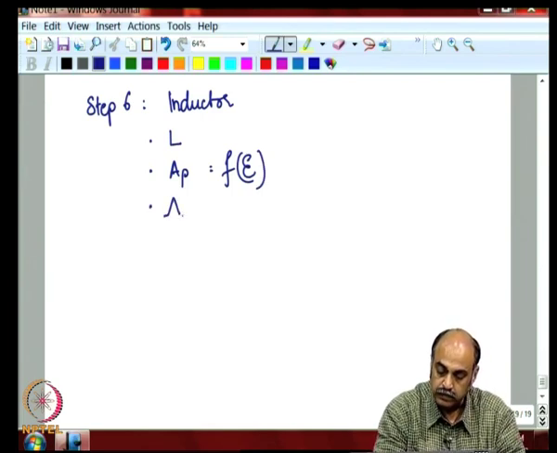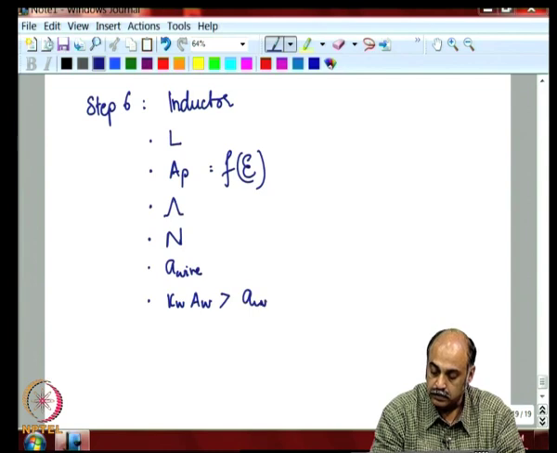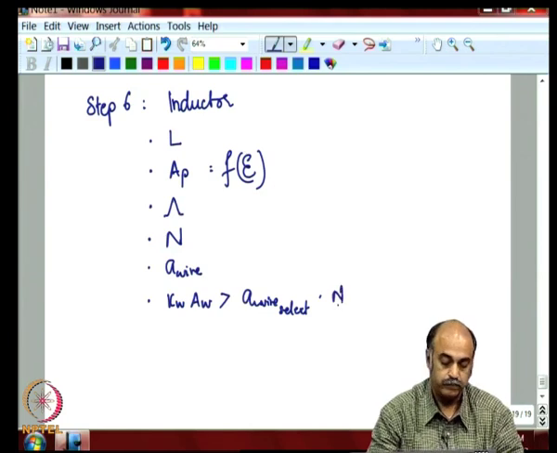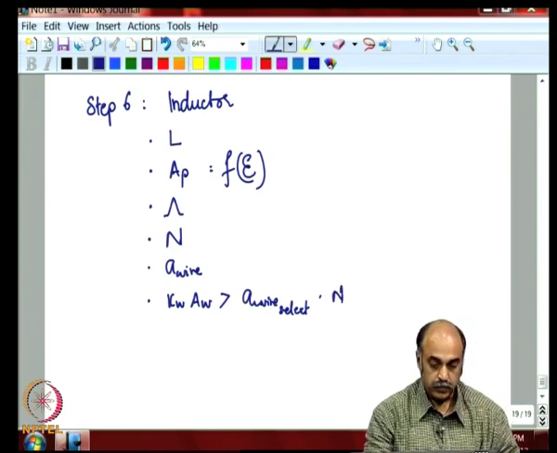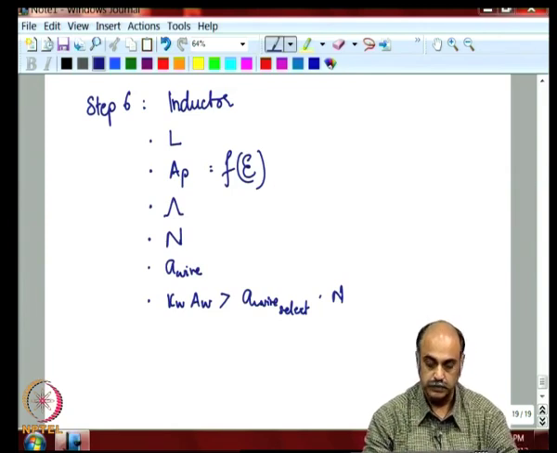Then find out the permeance, then the number of turns, then the wire gauges, that is the wire, and then cross check and see that AW KW is greater than a wire selected into n. So, all these you need to do to design the value of the inductor. Notice that all these equations, the numbers can be obtained from the initial specifications.